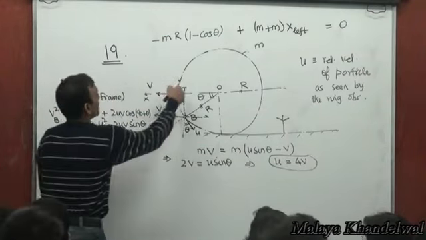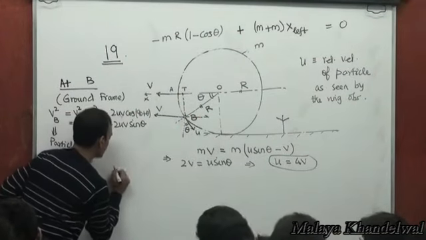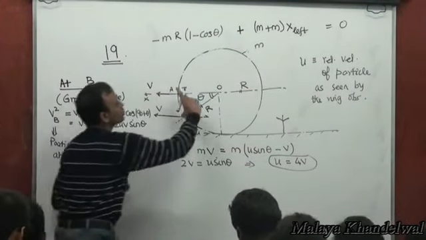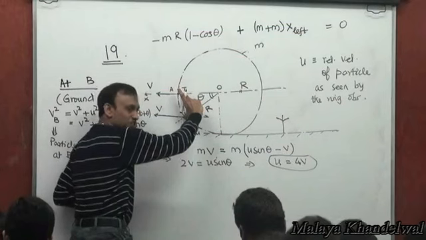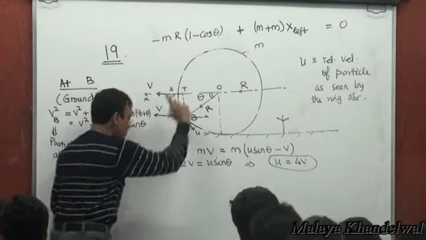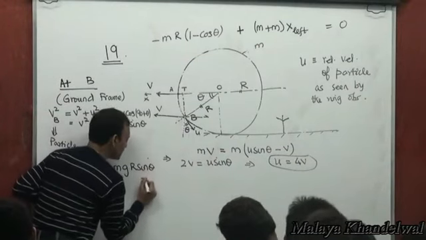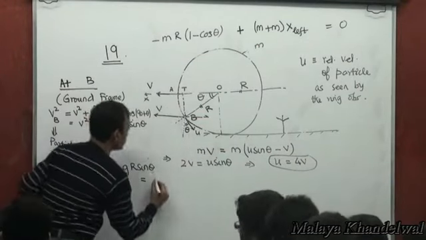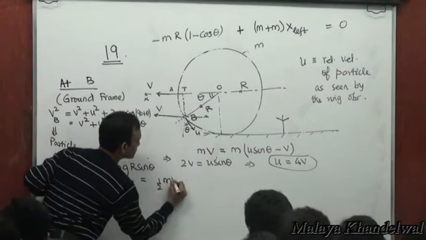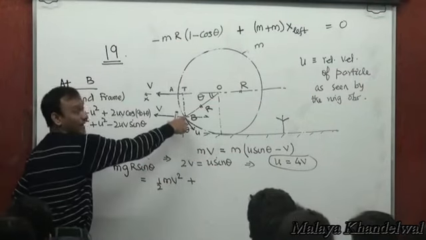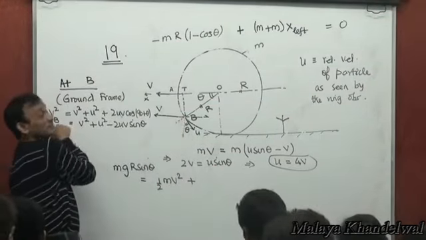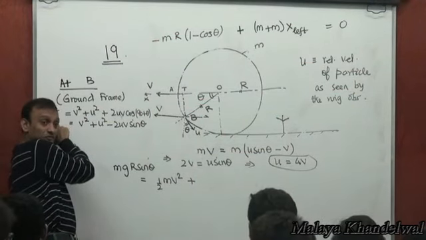So between A and B, loss of potential energy is mg into this length, r sine theta. And that must be gain in kinetic energy of the ring, half mv squared, plus gain in kinetic energy of the particle, half m vb squared.